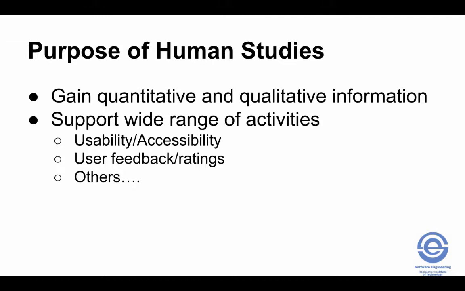Qualitative is much harder to put into a bucket. And I think they're equally beneficial to be collecting in human studies. Now, obviously, it widely varies on the human study if you want to collect mostly qualitative or quantitative information. But that's something you'll want to discuss with your advisor. Human studies can support a wide range of activities, and so they could give you information like usability or accessibility feedback that computers just couldn't give you.